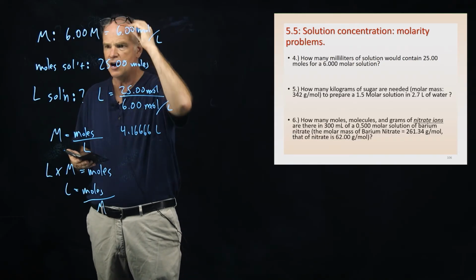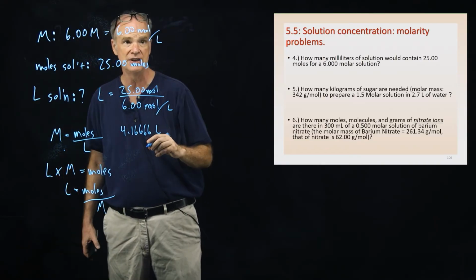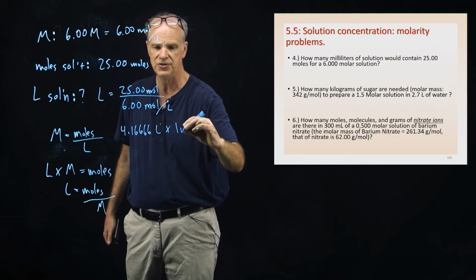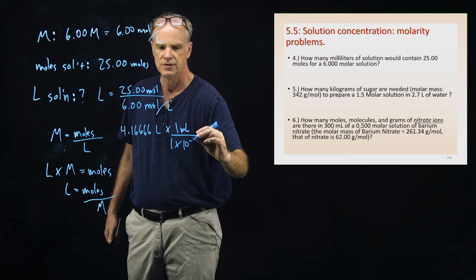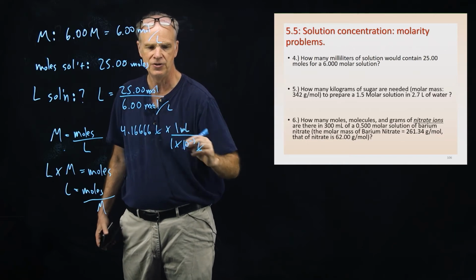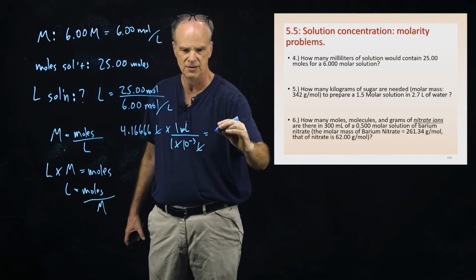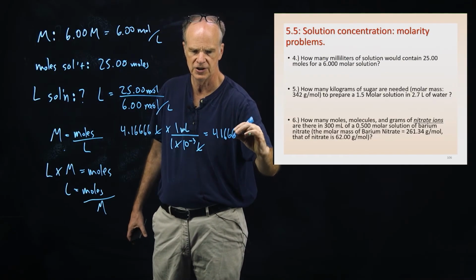And then I think the problem is asking for milliliters. Okay, so you have to get this into milliliters. So what I'll have to do is do this. The liters cancel. And so as I recall, you should get the following number in your calculator.